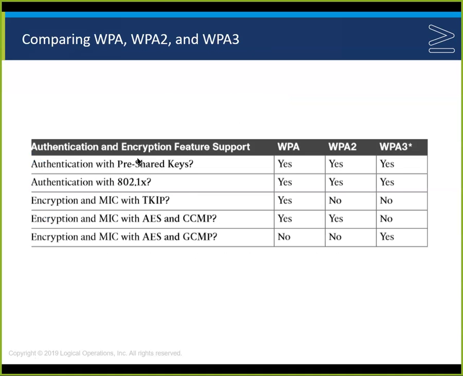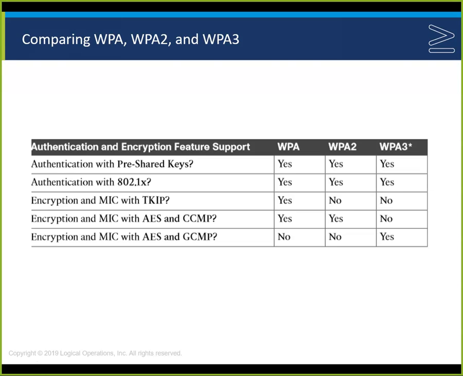So comparing the WPAs: WPA, WPA2, WPA3, authentication with pre-shared key, all of them. Authentication with 802.1x, all of them. 802.1x is the thing that we're going to look at next. Encryption and MIC with TKIP, WPA only. Remember, TKIP is the weakest of the protocols.